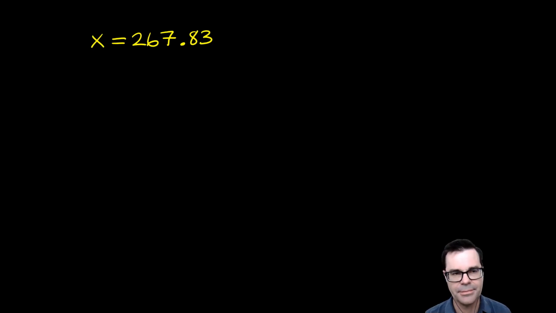Now I want to illustrate this with a particular value of x. We're going to look at x equals 267.83. The normal geometric series here would be: take half of this, and then take half of that, and just keep taking half of these, and then add up all those infinitely many terms, and you'll get exactly 267.83.